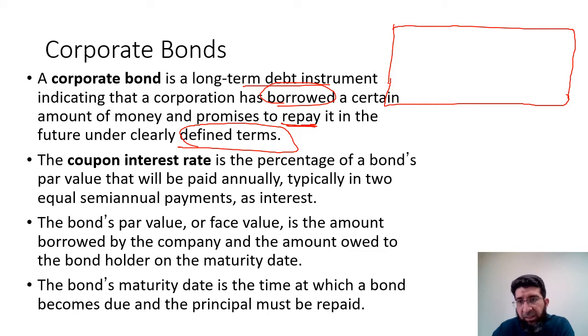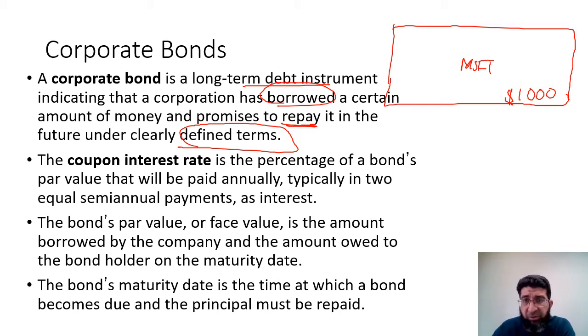For instance, it will say Microsoft here. I'm taking an example of Microsoft, and MSFT is the ticker symbol of Microsoft. Then there's the amount. Normally US bonds are $1,000 denominated. Now we can have interest rates.